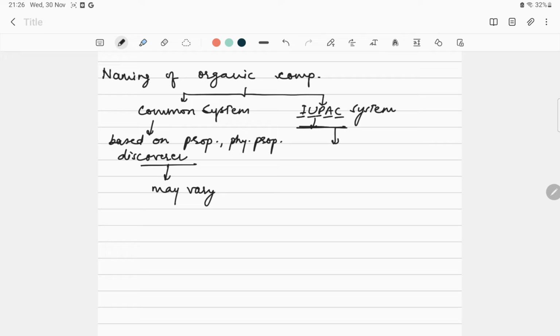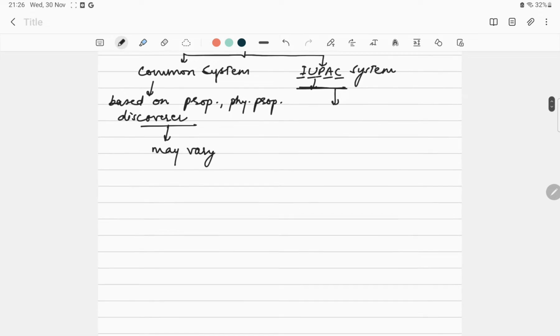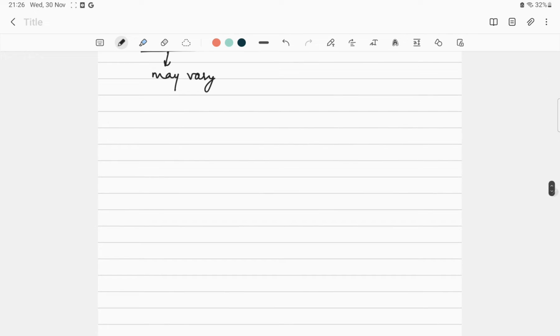We are starting with the IUPAC names. Now, what about the IUPAC name? How do we do it? According to the IUPAC system, in any IUPAC name of an organic compound, there can be three parts. What are these three parts? One is the middle part, which is called the word root.